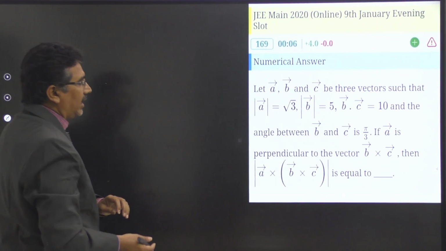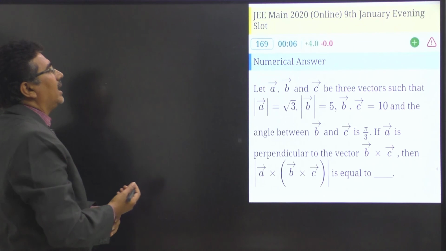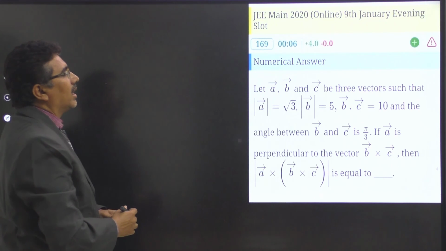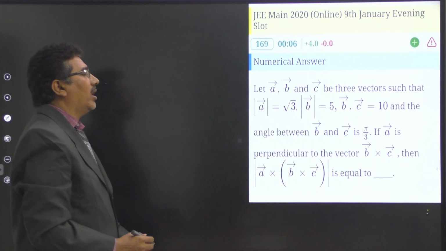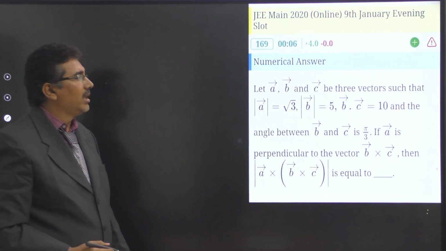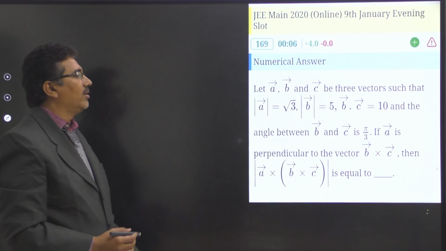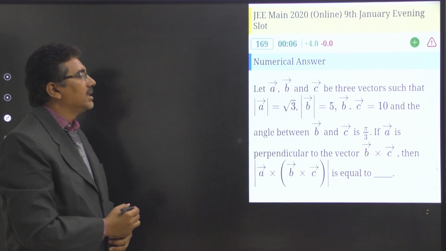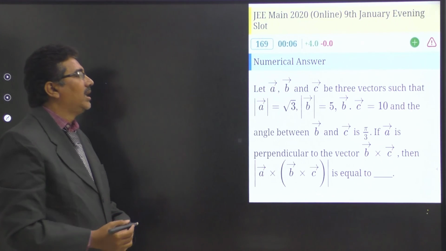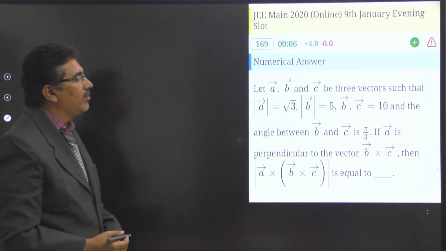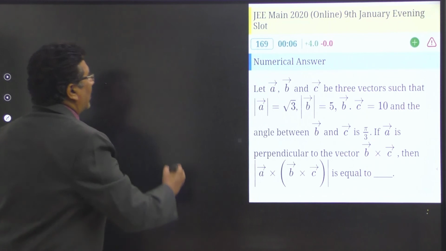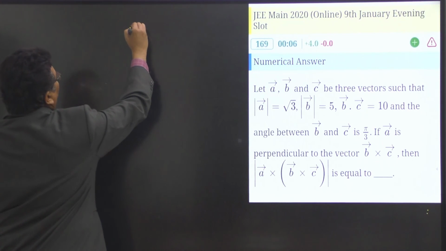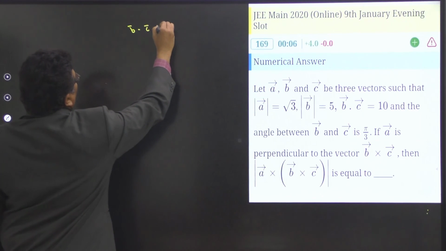Now let us see another one. Let A bar, B bar and C bar be 3 vectors. Mod A bar is equal to root 3, mod B bar is equal to 5, B bar dot C bar is equal to 10. Also given angle between B bar and C bar is pi by 3. Now what is the definition of B bar dot C bar?